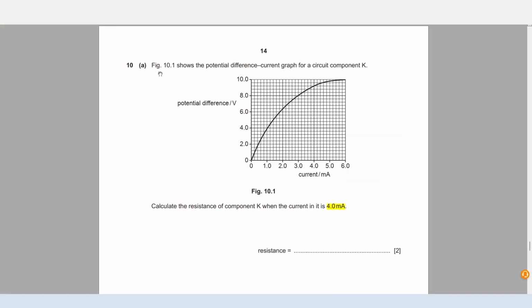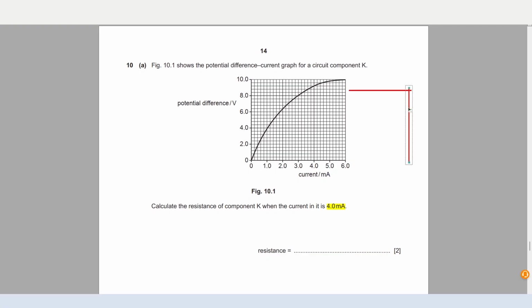Question number 10. Figure 10.1 shows the potential difference and current graph for a circuit component K. This is potential difference and this is current and this is milliampere. Calculate the resistance of the component K when the current is 4.0 milliampere.